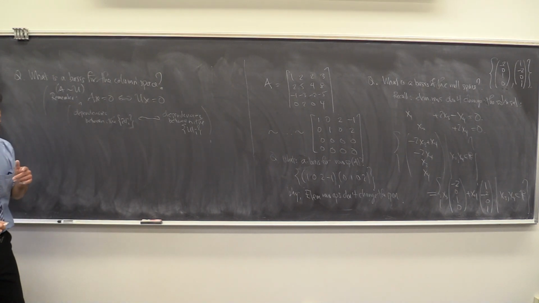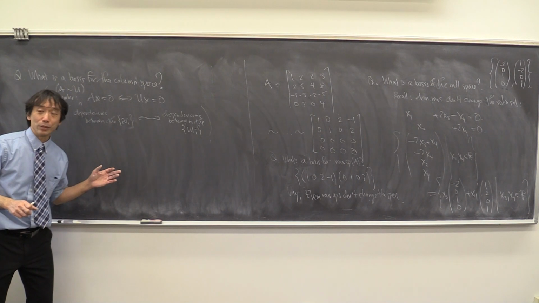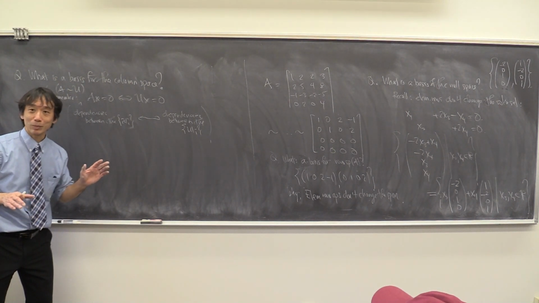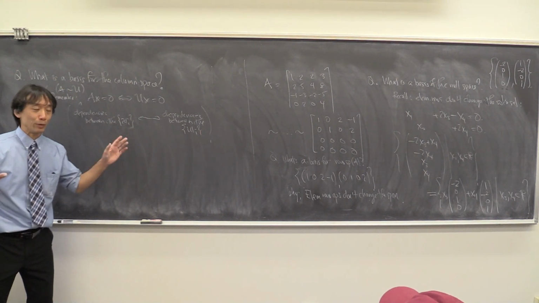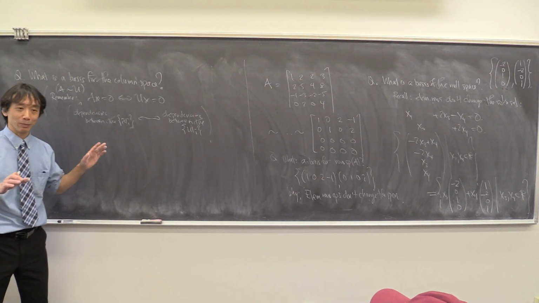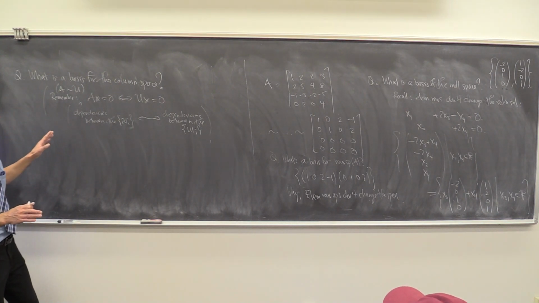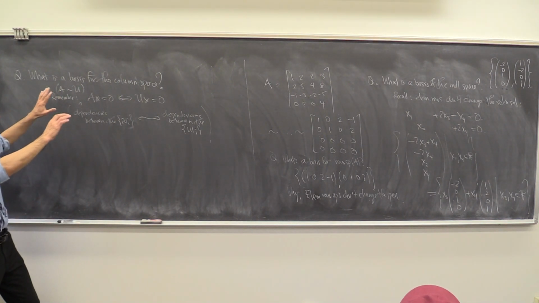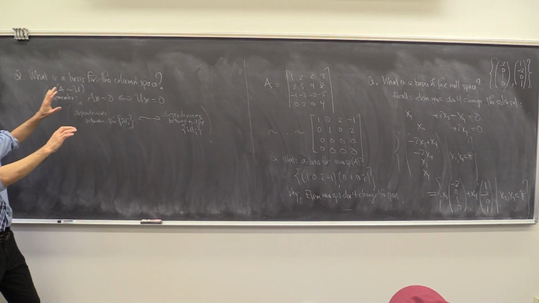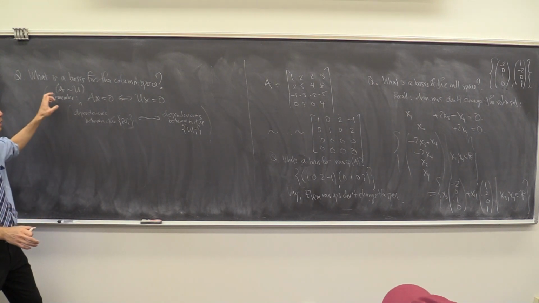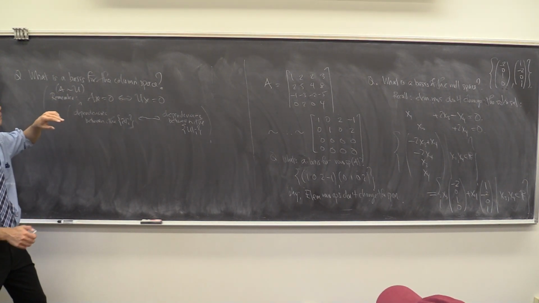Okay, so I'll be really impressed if somebody figures this out. So anybody want to try? If you don't get it, that's kind of what I would expect at this point. But anybody get this well enough that you can tell me what would be a basis for the column space of A?